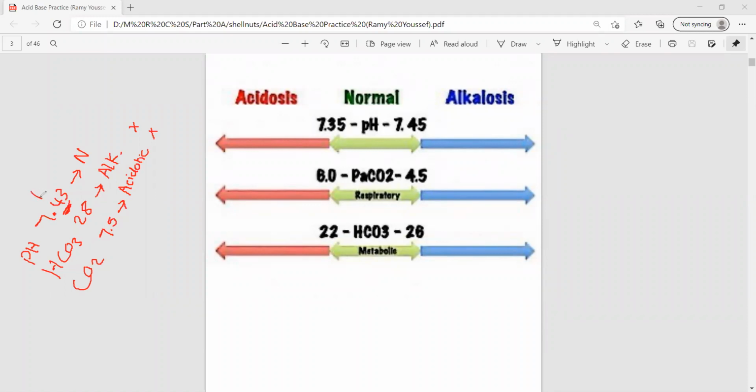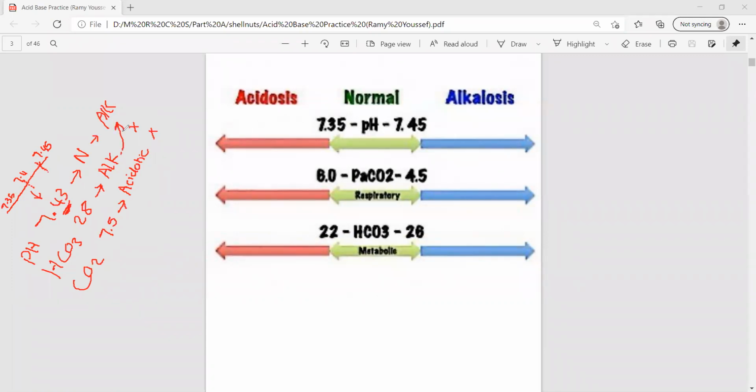Let's go to the pH and write like this: 7.35, 7.45, and this will be here. And this is the middle, 7.4, and I have my parameter here. So this is more toward what? Toward alkalosis.